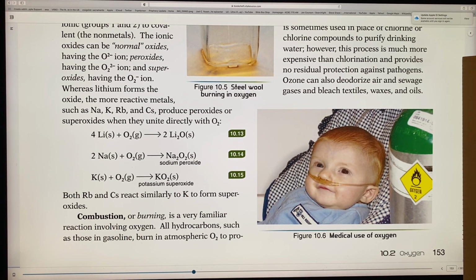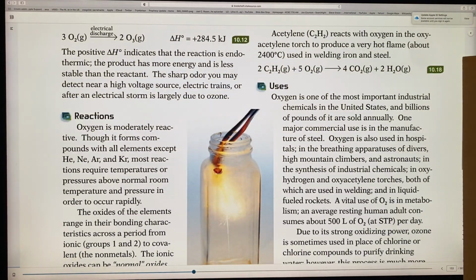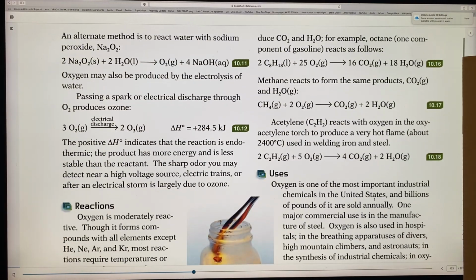Combustion is burning, right? It's very familiar, involving oxygen. A lot of things are burned because they have oxygen. Hydrocarbons, such as those in gasoline, burn in atmospheric oxygen to produce carbon dioxide and water. Here's the equation at the top to know.